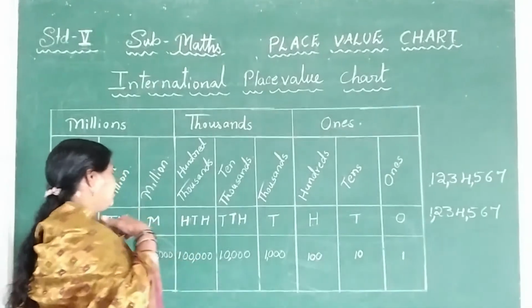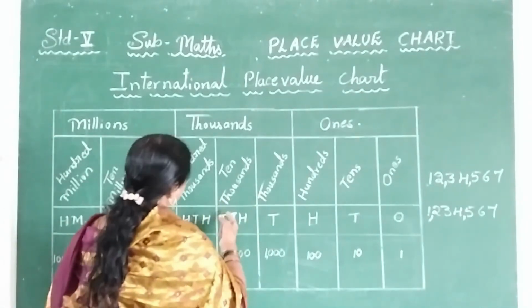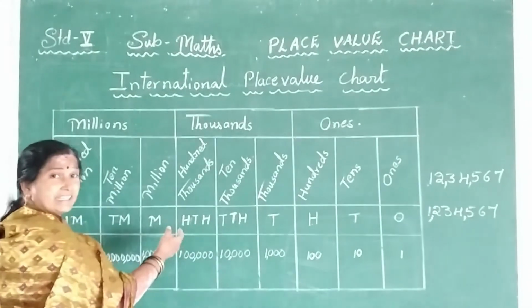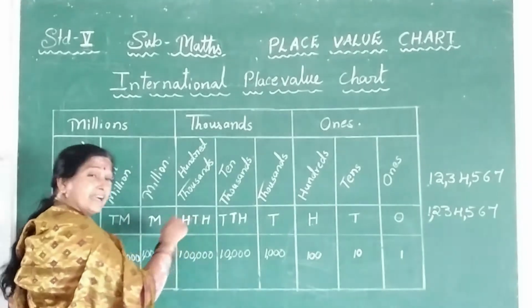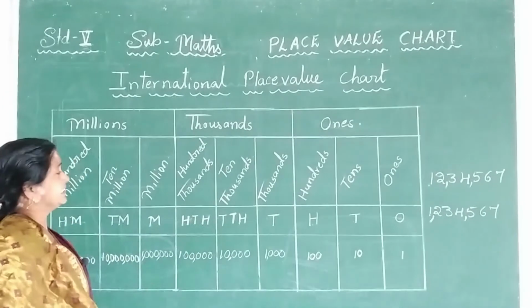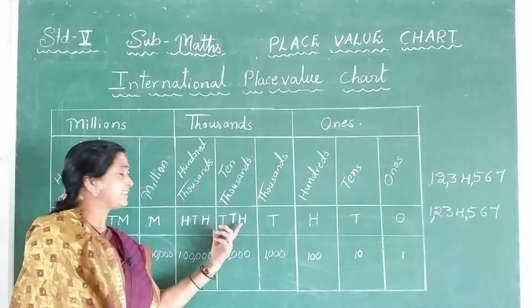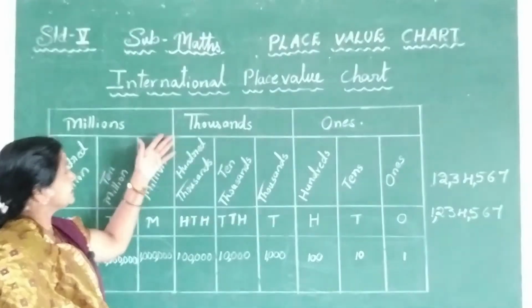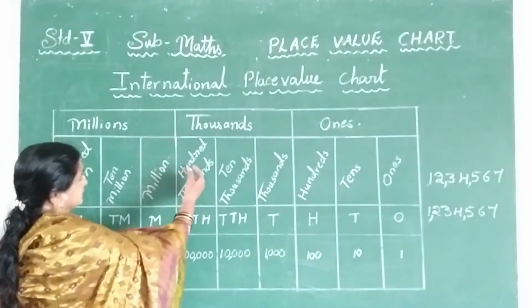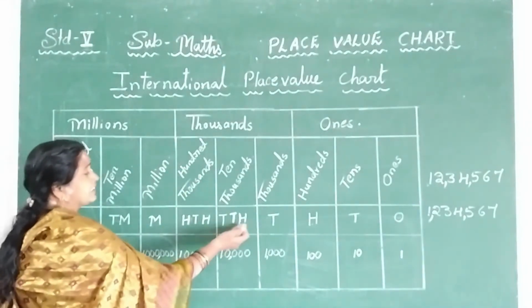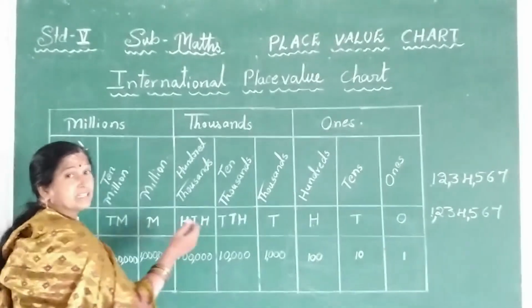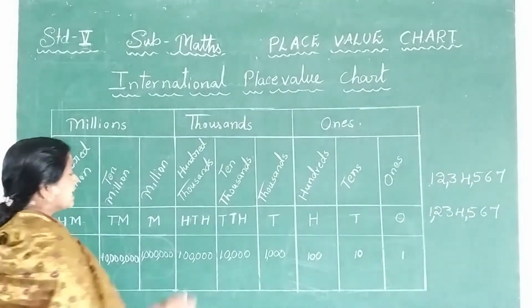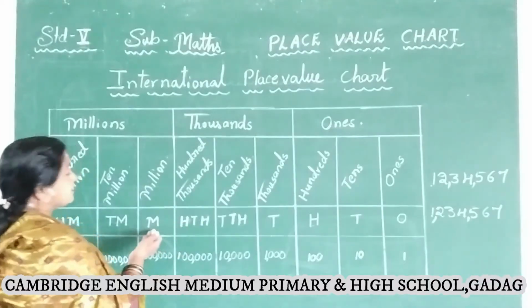So here after 1000 in this international system 100,000 also will come. See, in Indian system after 10,000 lakh will come, no, but in this international system after 10,000, 100,000 will come. After 100,000 million will come.